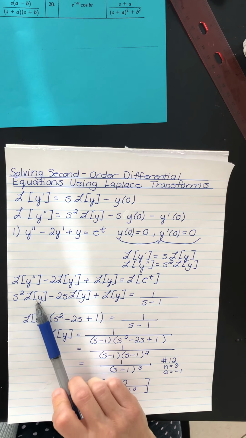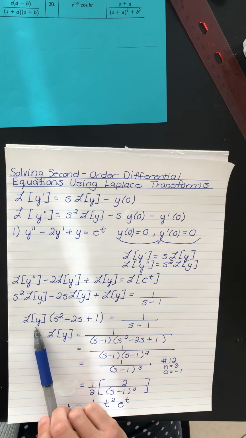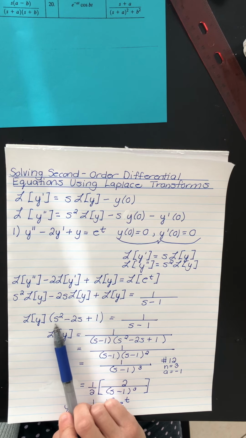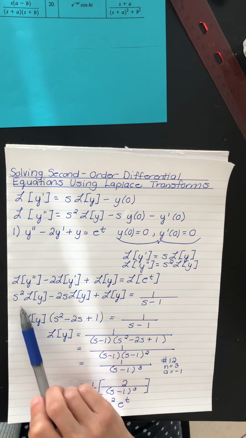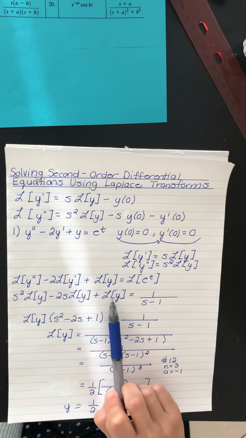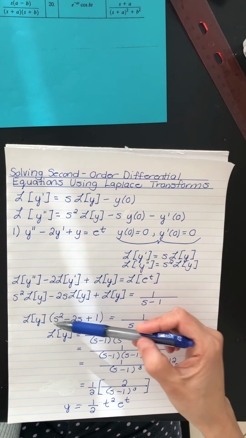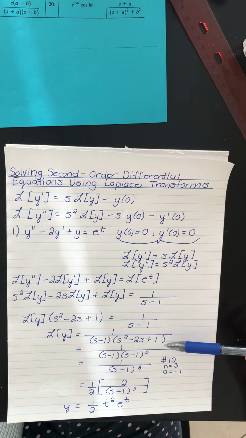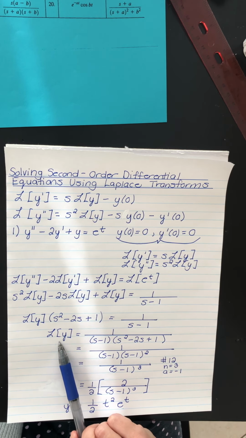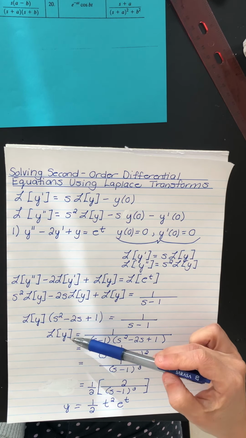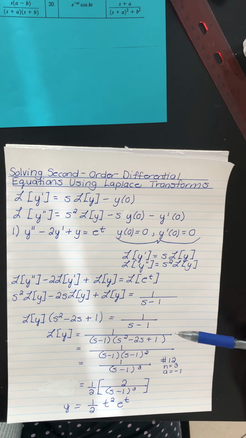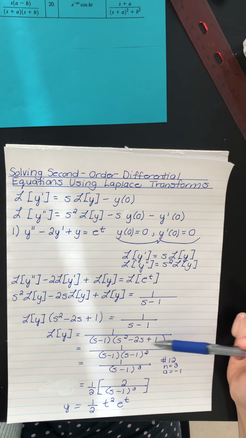Now, L of y is removed as common, giving us this trinomial in the bracket, s squared minus 2s plus 1 being the coefficient here. We divide by the trinomial because we are trying to solve for y. So we begin by isolating L of y. Now this trinomial is factorable.